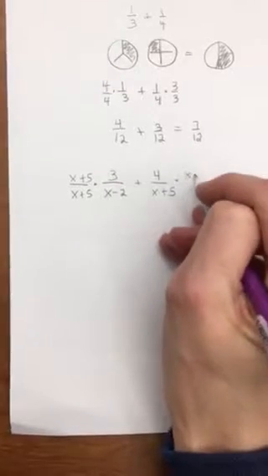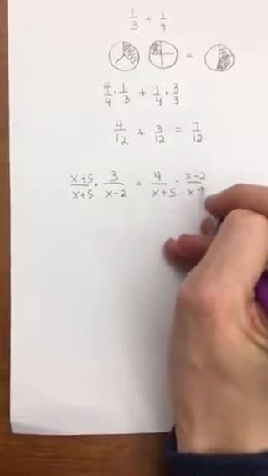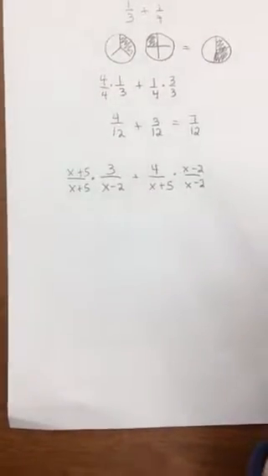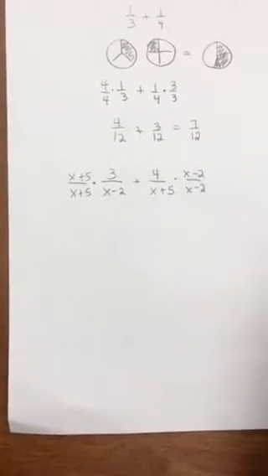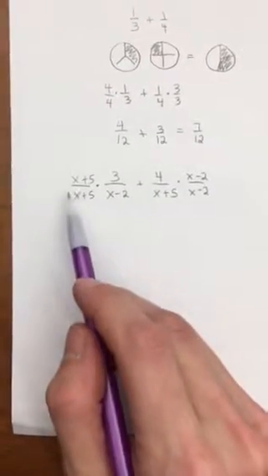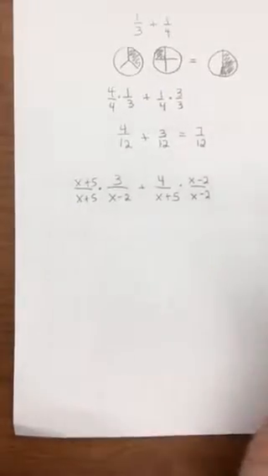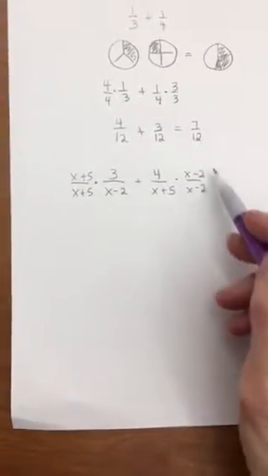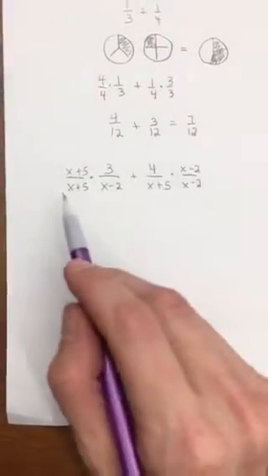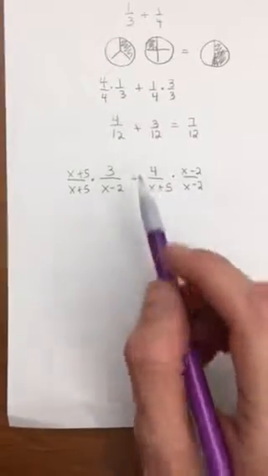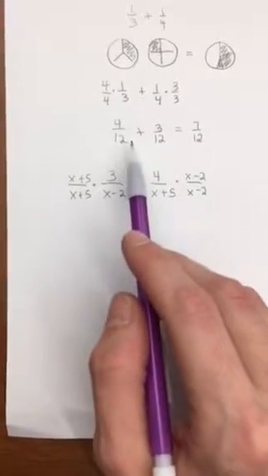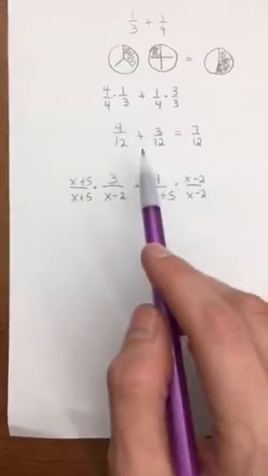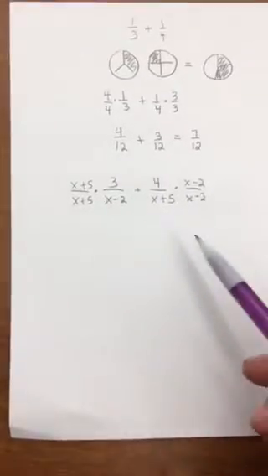And I'm going to multiply this expression by an x minus 2 on top and bottom. Now, why am I allowed to do that? Well, this value is really just 1, as is this one. So I'm not changing my fractions at all, similarly to here where I wasn't changing the fractions, I was just splitting it up into different parts.